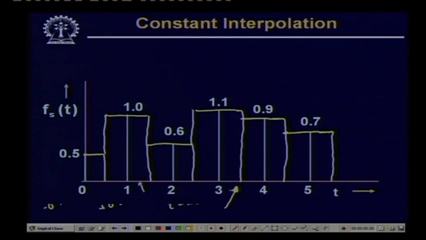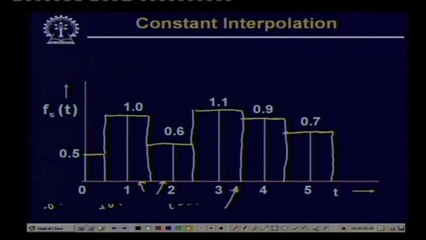So, here for any point within this range, that is for t equal to 1 to t equal to 1.5, the nearest sample is f 1. For any sample from 1.5 to 2, the nearest sample is P 2 or f 2. So, this f 2 is copied to this particular location t, where t is from 1.5 to 2. So, this appears to be a more logical interpolation than the original formulation of interpolation.